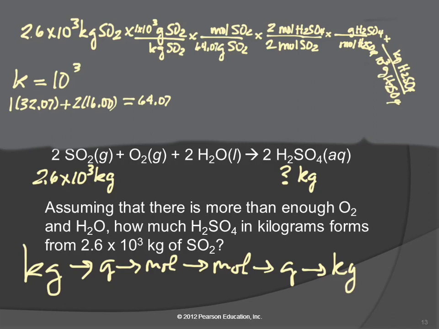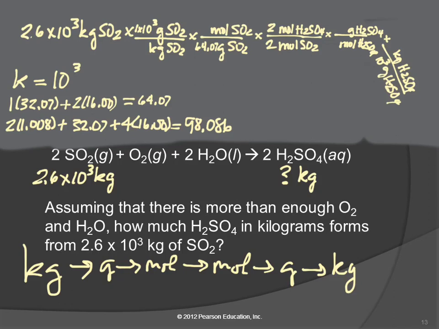It doesn't have to be pretty. H2SO4. There we've got 2 hydrogens, 1.008, and sulfur, and 4 oxygens: 1.008 times 2 plus 32.07 plus 4 times 16 equals 98.086.